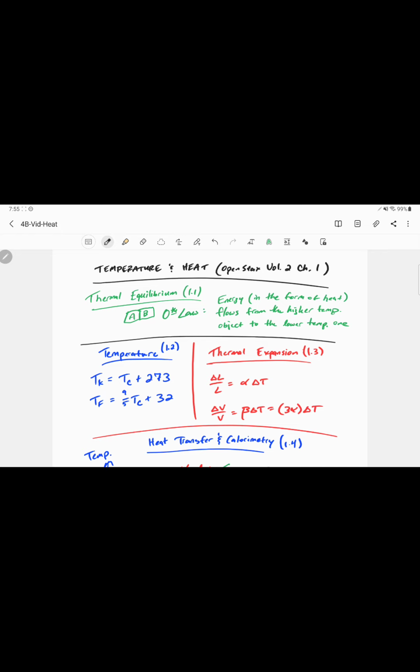So you could think of this as defining what temperature means. Temperature is a number that keeps track of a system, where if you put two objects with different numbers together, the higher number one is going to go down and the lower one is going to go up. We haven't strictly defined temperature or heat, but the 0th law relates the two. Okay.